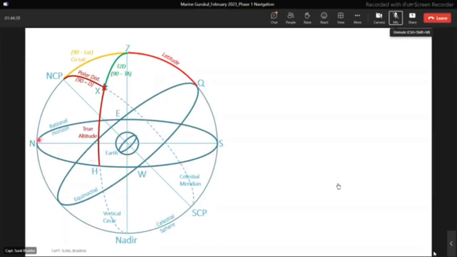Now, how to have a perspective or angle so that this bottom part can be eliminated altogether and we are able to concentrate our attention on the top part? So for this, we visualize as if we are looking at the celestial sphere from top of the zenith.